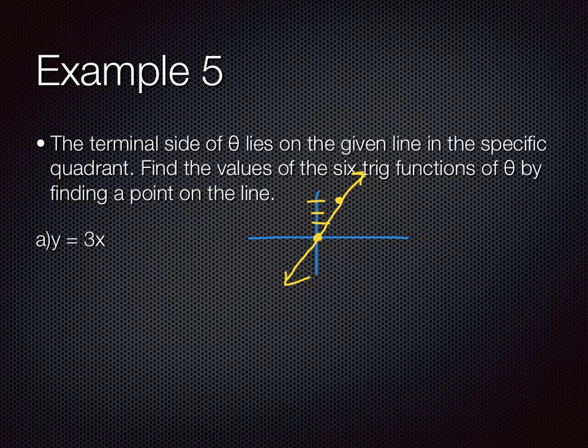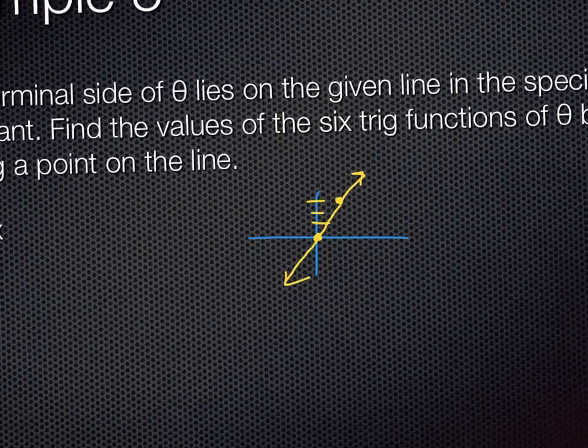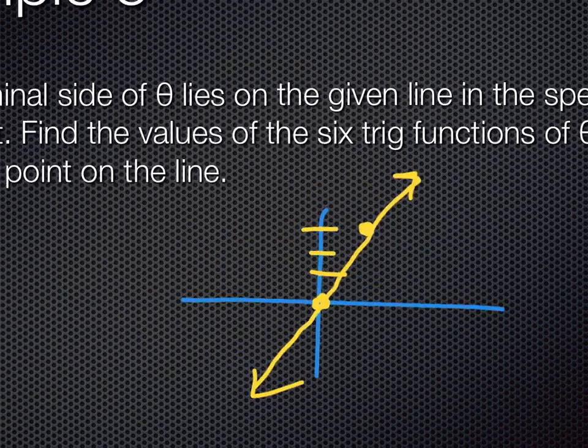So what this is saying is the terminal side of theta lies on that line, which means I can literally drop that down coming from the point at the end. I can drop this down and close it in, put theta here.